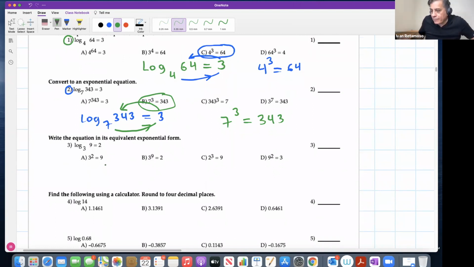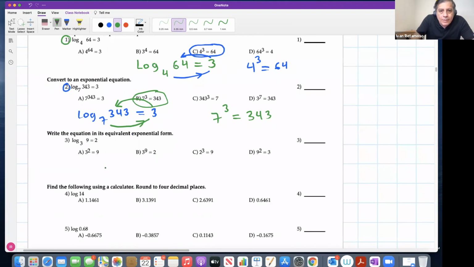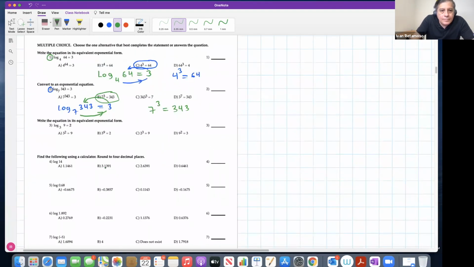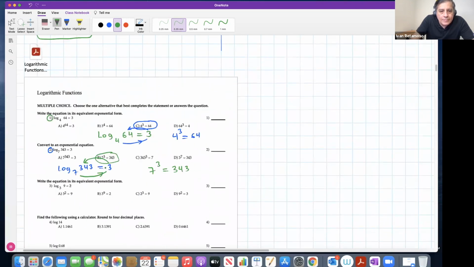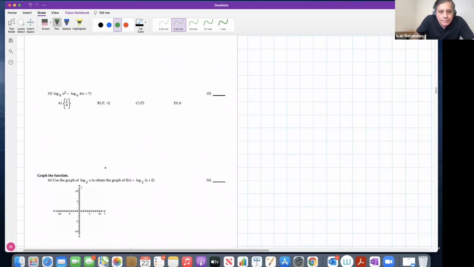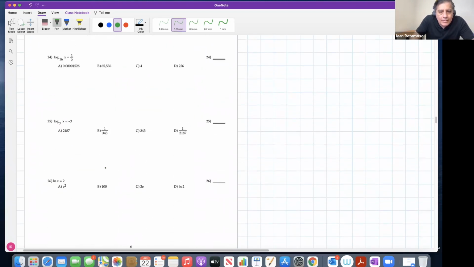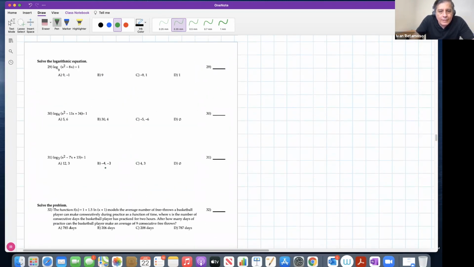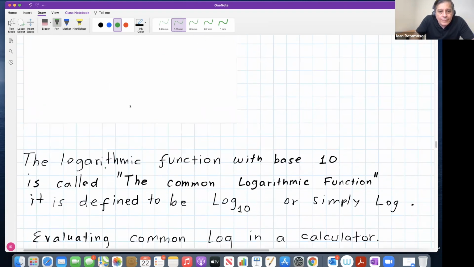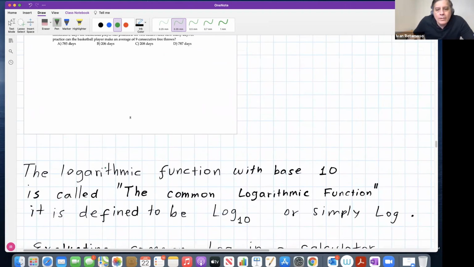Okay, let's move on. Let's talk now about a special logarithmic function, the one having as a base the number 10. It's called the common log, or formally speaking, the common logarithmic function.